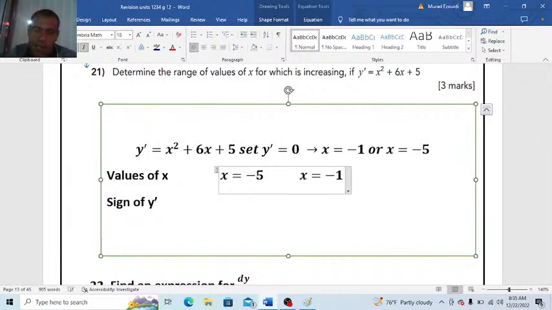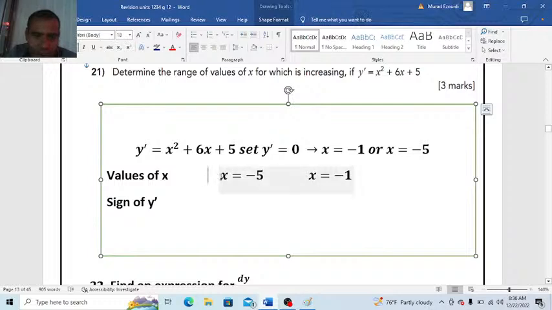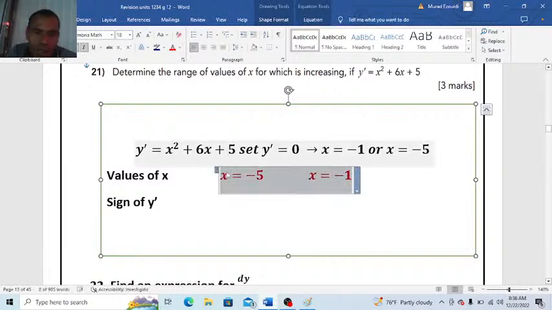Because minus 1 is more than minus 5. Now I will use this one. This is the stationary point. I will make it with a common color. Now I'll move to the next one.